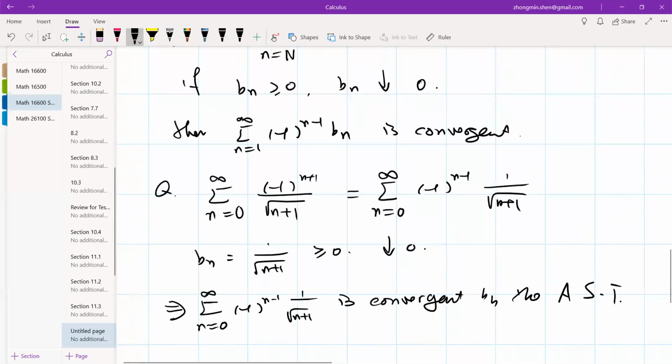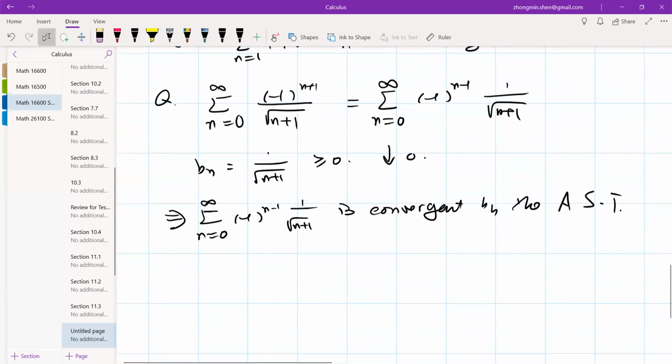It's called the alternating series test; you have to say that. However, without the negative sign, this is divergent. You know why it's divergent?